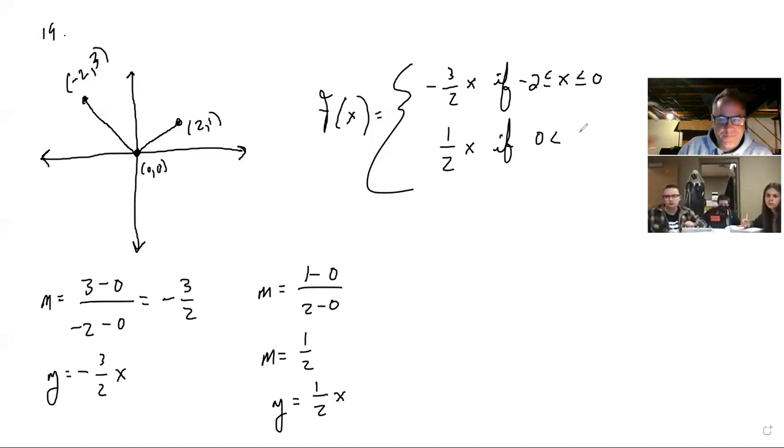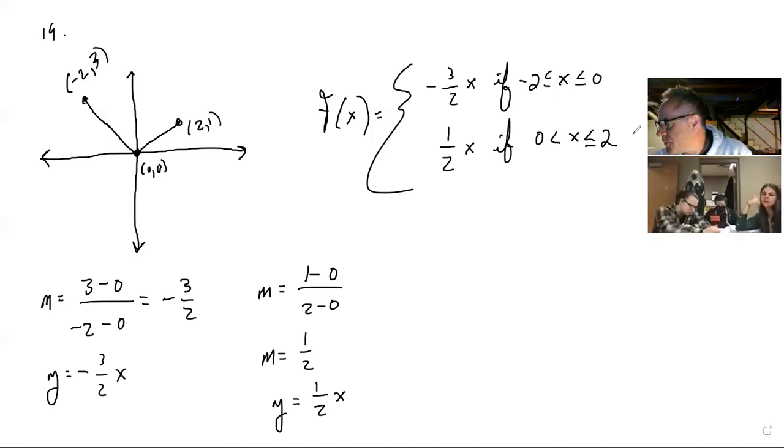But in the answer, it's defined for you. So if you input say 0, it's going to be this piece and not this one, because this is strict. And again, that one's provided. And then this is going to go up to 2 and include 2. And that's it. That should be all you need to do here. So I'm gonna type it in just to be sure they don't ask anything else.